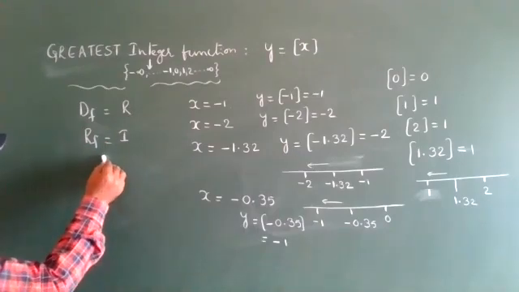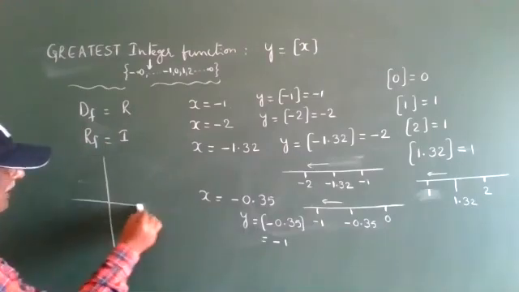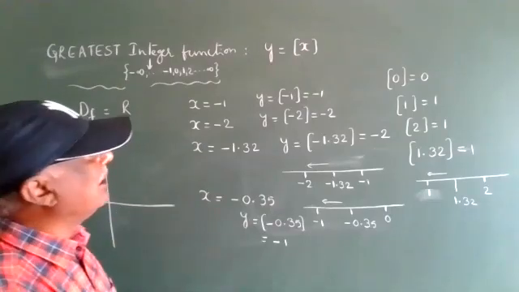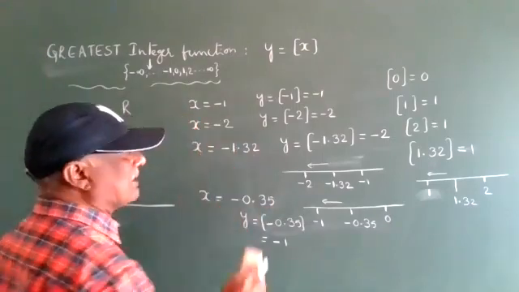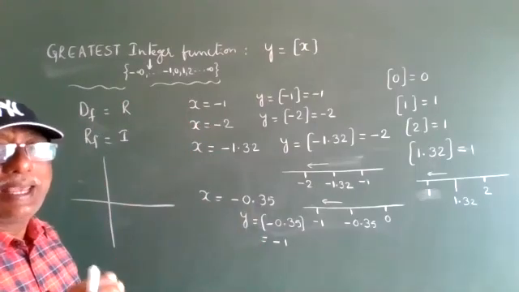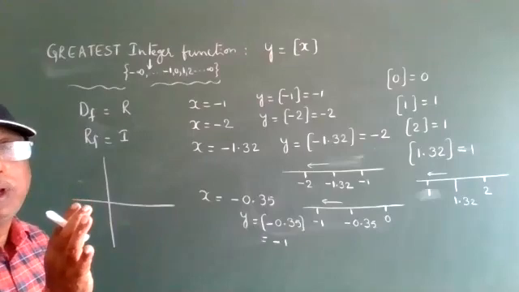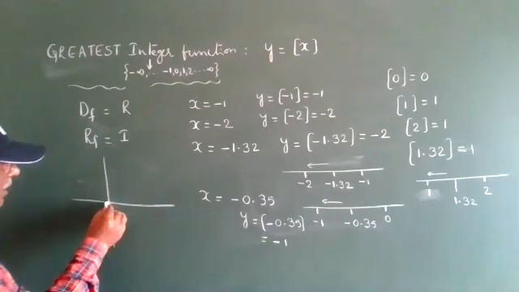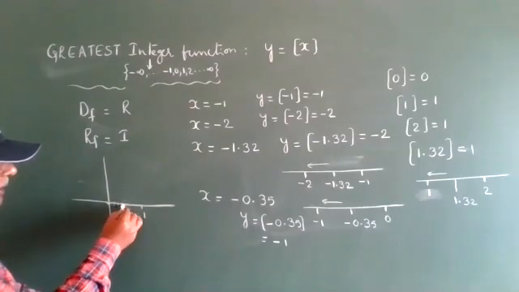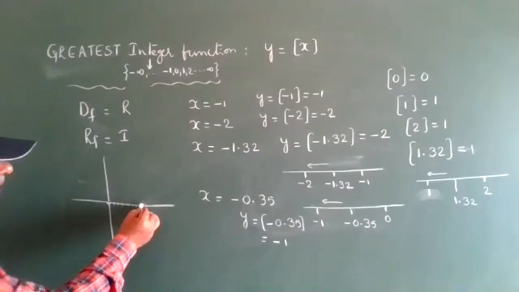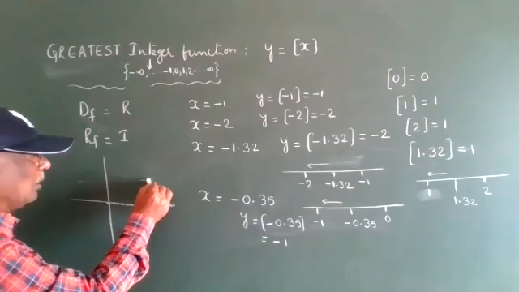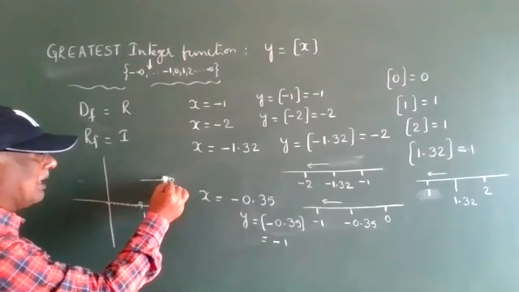Everyone observe the graph of the greatest integer function. I will draw it. From 0 up to 0.99, all come to 0 only, and 1 is not included. From 1 up to 1.99, all come to 1 only, and 2 is not included.